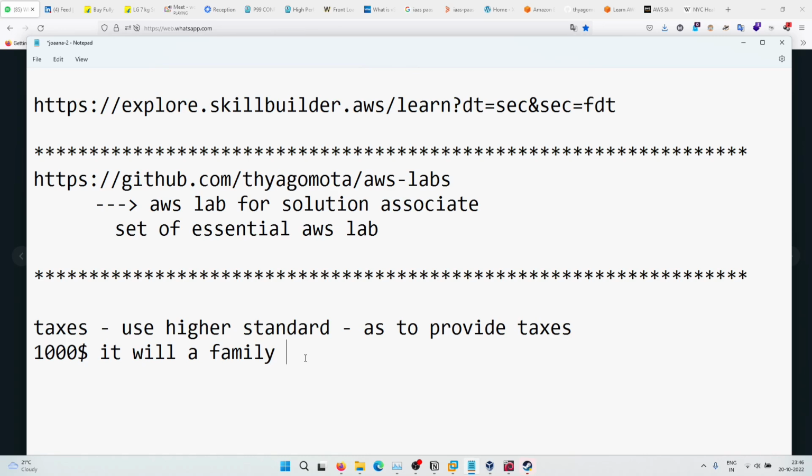Yeah, we are family persons, so we live in families. So that's one more thing.